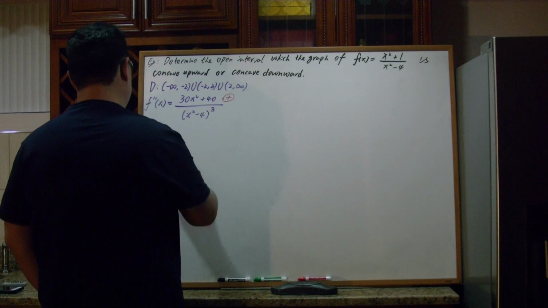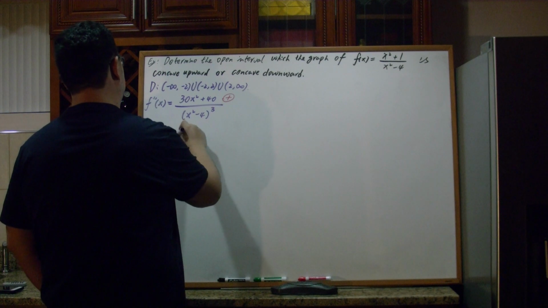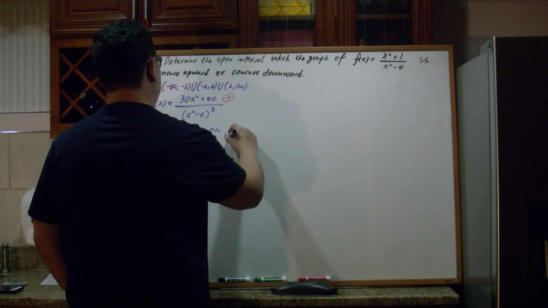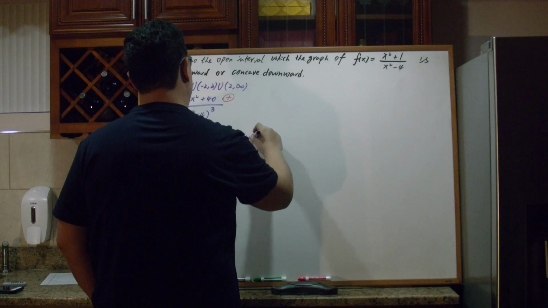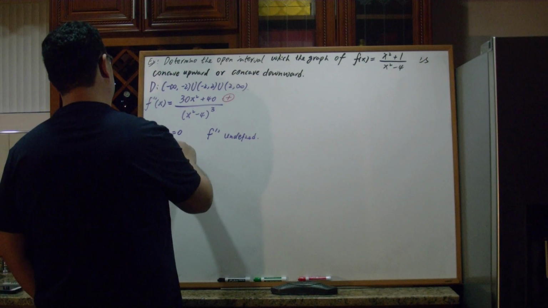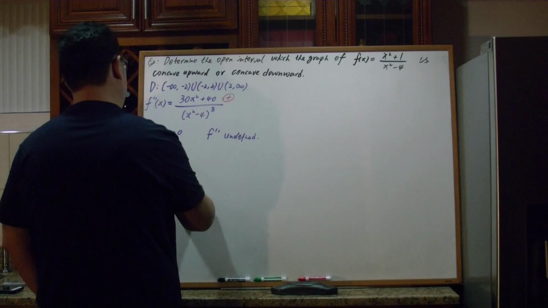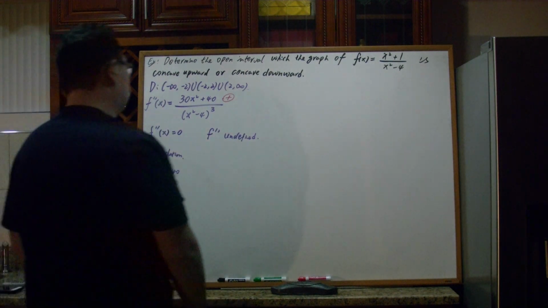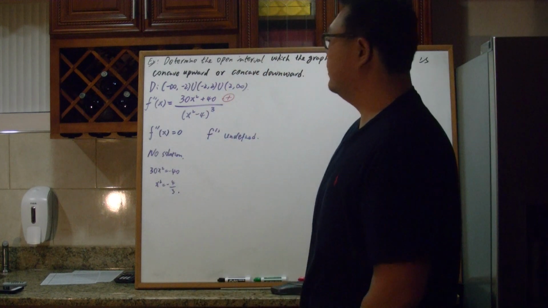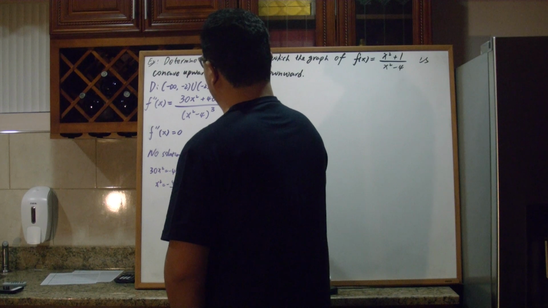So the sign of the second derivative only depends on the sign of the denominator. Solving for 0, we're looking for f double prime equal to 0, or f double prime undefined. It equals 0, we have no solution, since we cannot get x squared to be negative in the real numbers. And f double prime is undefined only when the denominator equals 0.